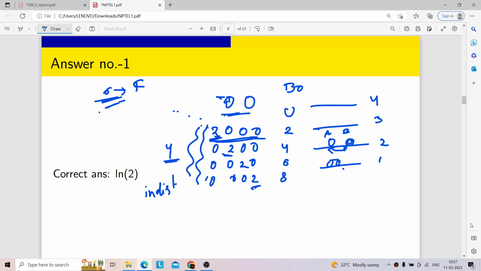But for particles in two different states, if they are distinguishable like A and B, I have a scope to arrange these two in a different way. Like I can put B here, then A here, so I can arrange this system in two different ways. But for this case, I do not have that luxury.